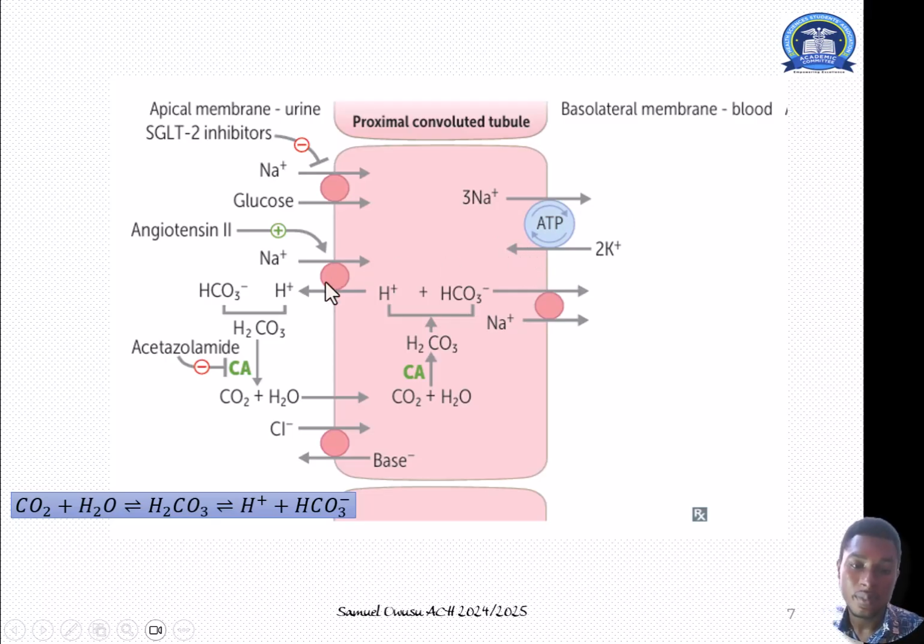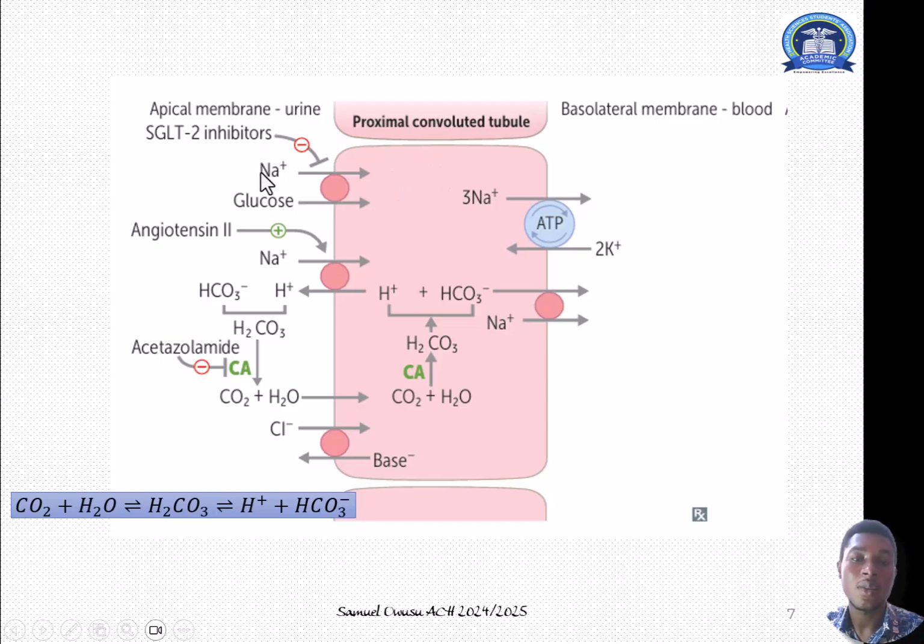So acetazolamide, which is a carbonic anhydrase inhibitor, tends to inhibit that enzyme, which converts the carbon dioxide and water into carbonic acid. So eventually, all the water and the carbon dioxide will be part of the urine, and will be removed via urination. We also have some agents in the proximal convoluted tubule.